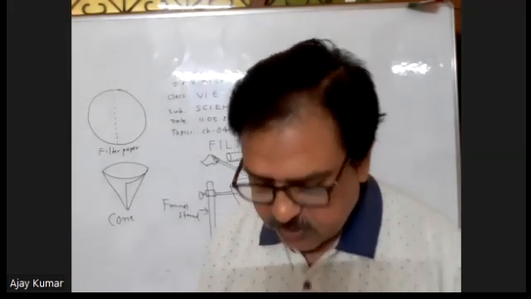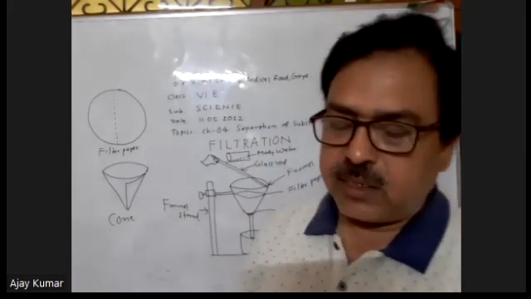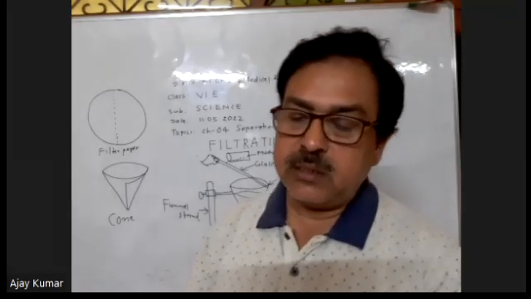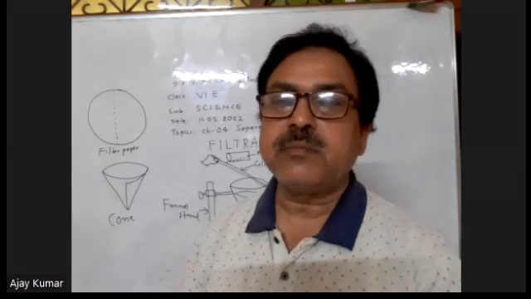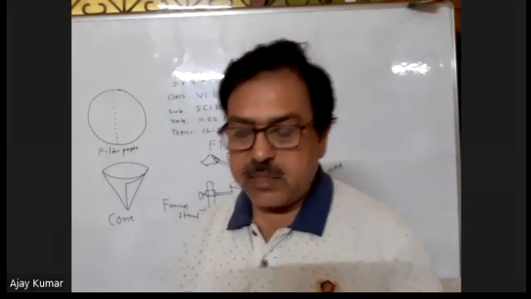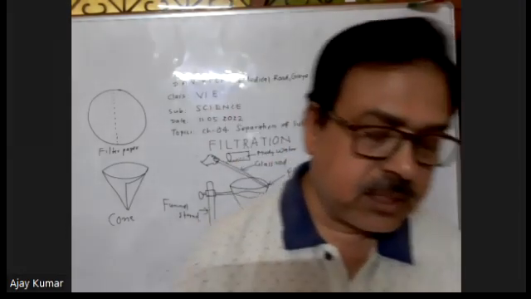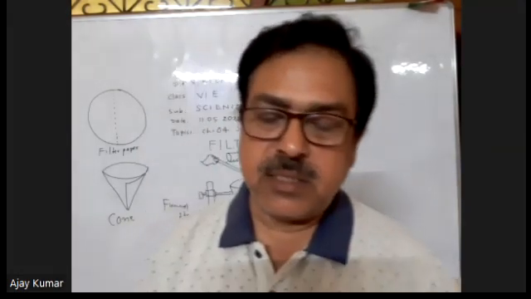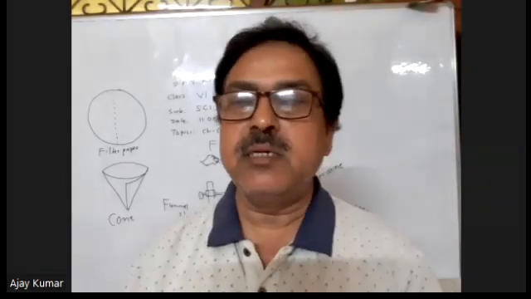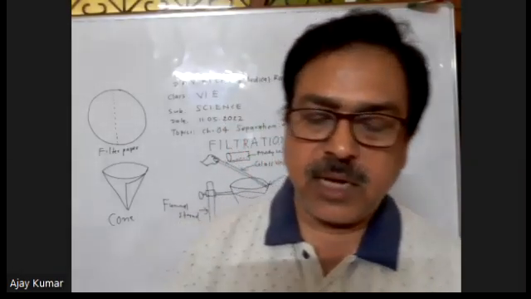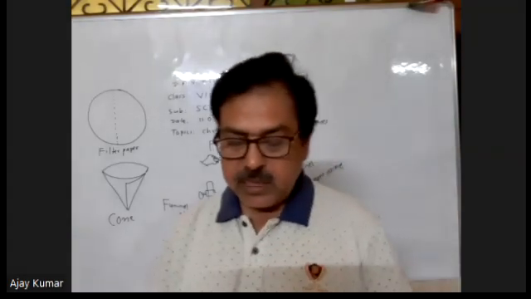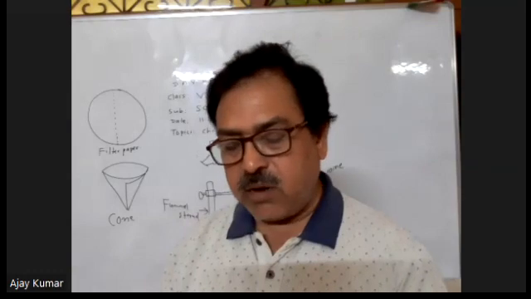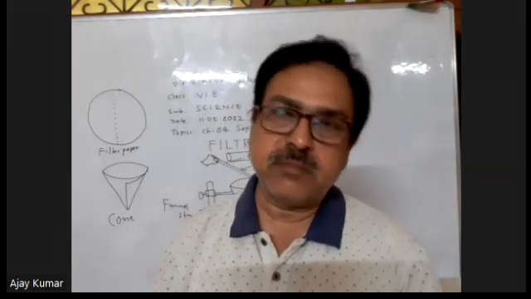This is the method used to separate fine particles suspended in a liquid by rotating the mixture at high speed. Centrifugation is done with the help of a machine called a centrifuge.